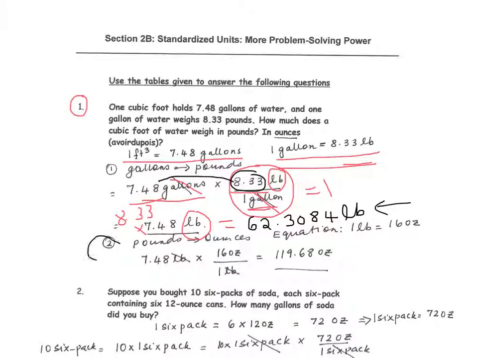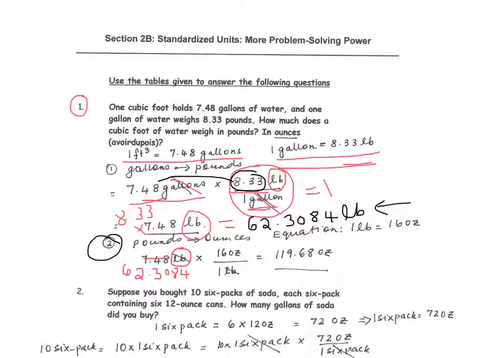Now the next step is to change pounds to ounces. So now we need to make this correction. Remember that we forgot to multiply the 8.33. So now we have 62.3084 pounds. So the units are pounds, but the number is 62.3084.